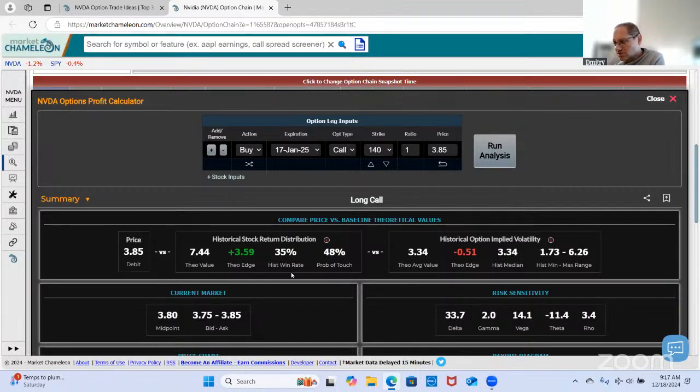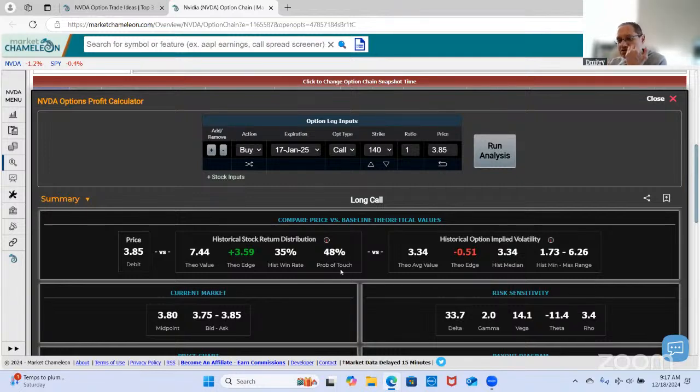So this isn't even considering the time premium. It's just saying if we just used parity, right? If we just said that this option is at parity, that means the difference between where the stock is and the strike price, no time premium. At any time, how often did the stock behave enough to cover the cost of this and still make it profitable? So that happened 48% of the time.